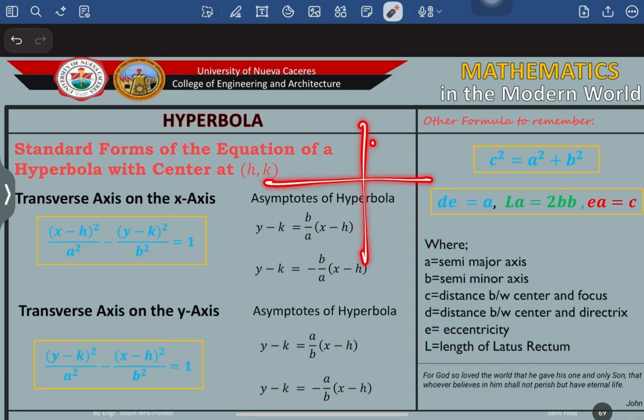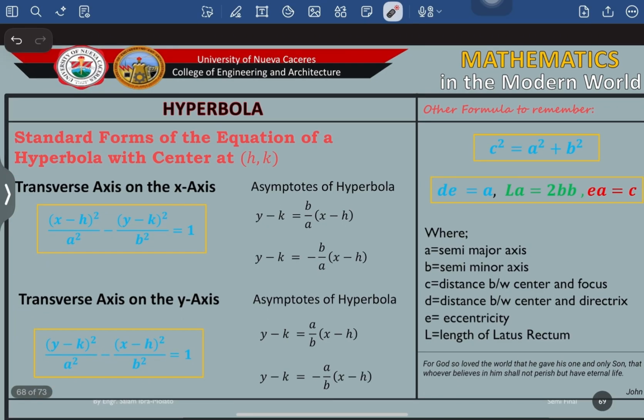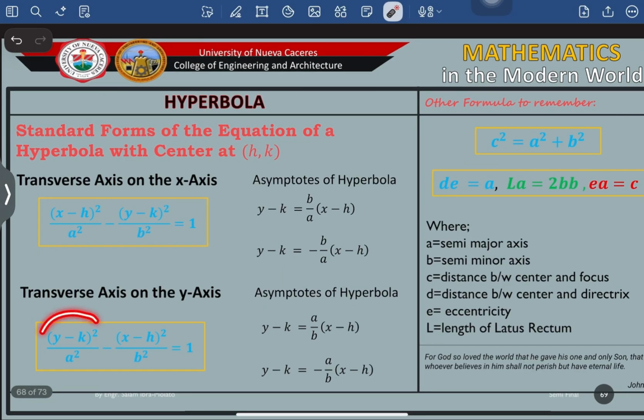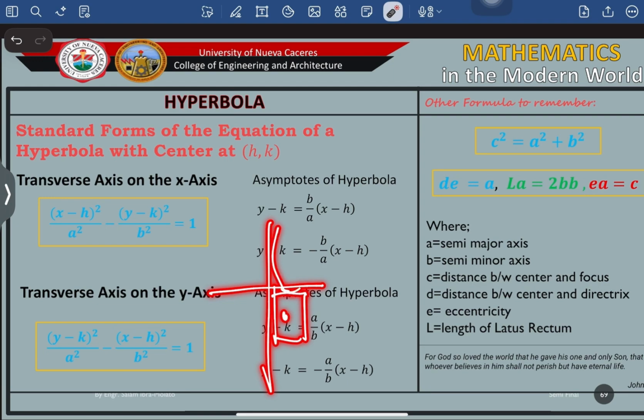So, example, ganito. It opens horizontally. Then, the other standard form, yung magiging positive dito is yung term ng y squared. Kaya it opens vertically. So, example, ito yung hyperbola mo. Hindi na sa origin yung center.